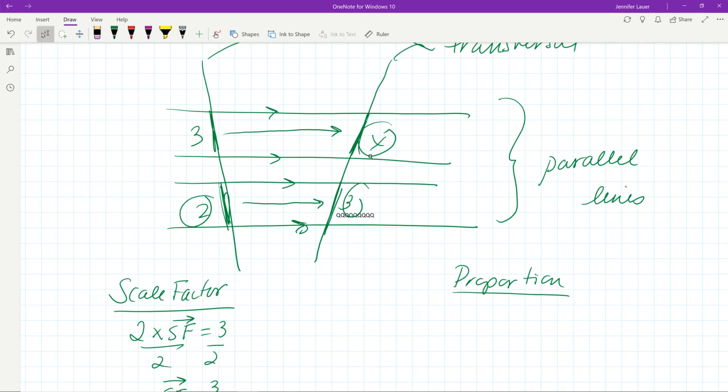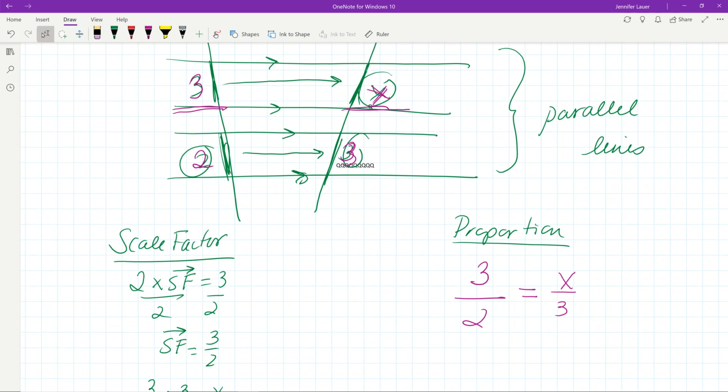Proportions. What I do with proportions, I'm going to show you, is I set it up just like it is. I say 3 over 2, or 3 is to 2, as x is to 3. Notice it's like I just extracted this fraction out and put it on my paper.